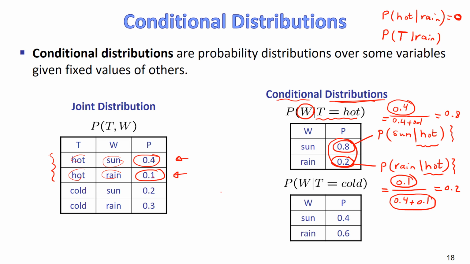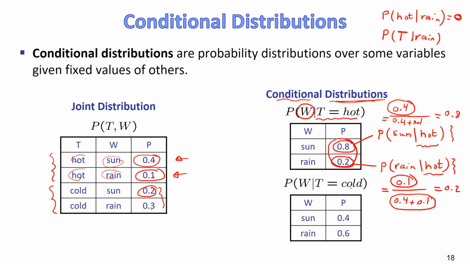Same thing, we calculate the probability of W given T equals cold. The only difference is that we'll now focus more on these two rows. We calculate the probability of sun given cold, which is 0.2, divided by the sum of these two, which is the probability of cold.